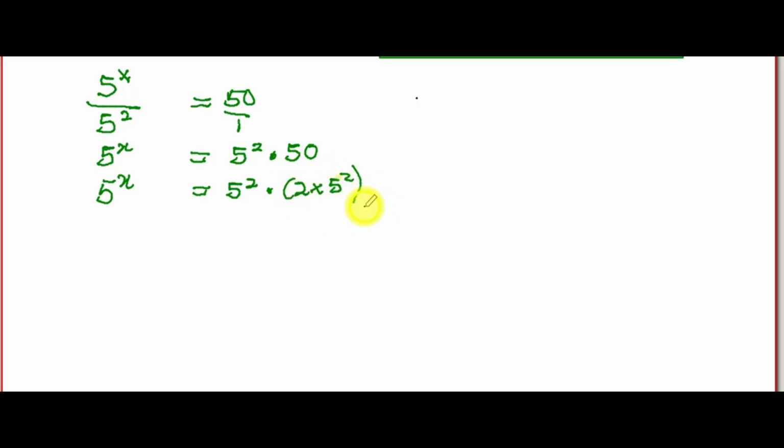Well, 5 squared will give us 25. So here we have 5 to the power x equals 5 squared multiplied by 5 squared multiplied by 2.